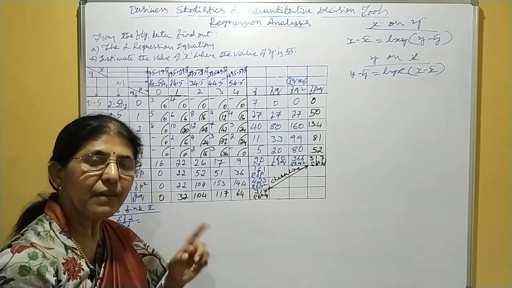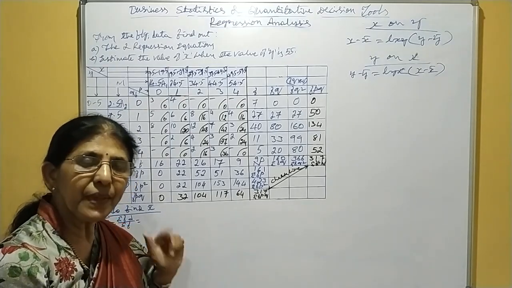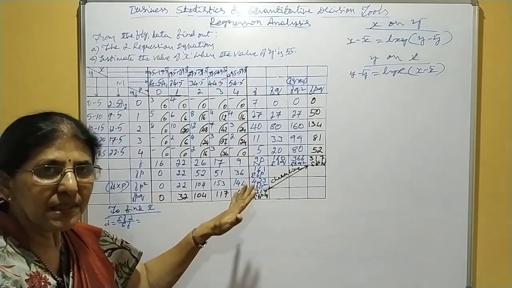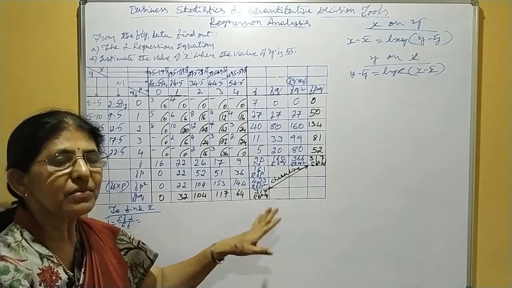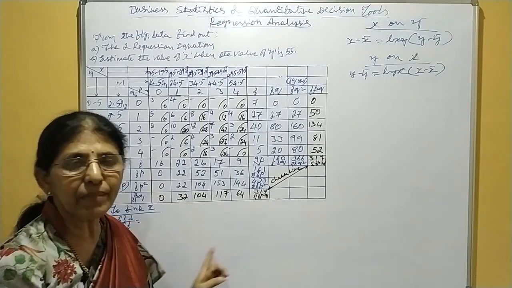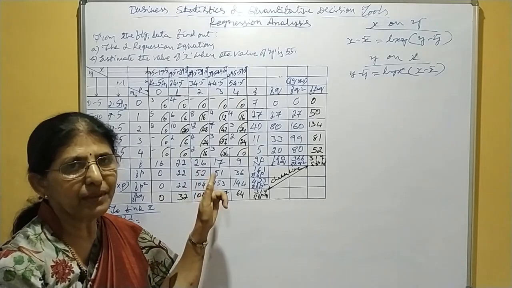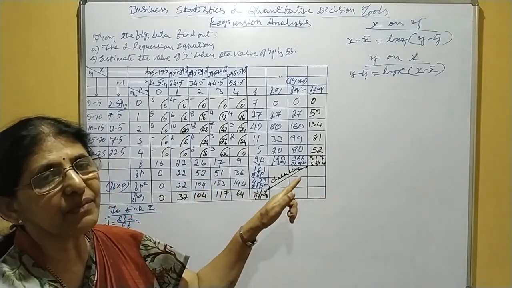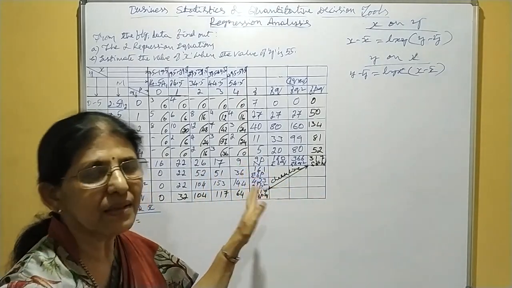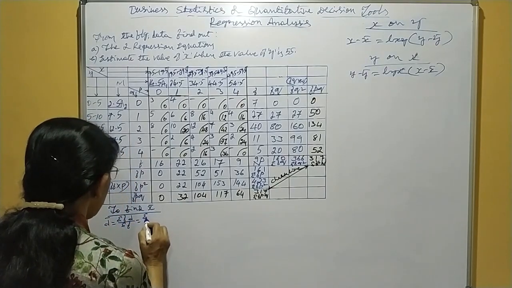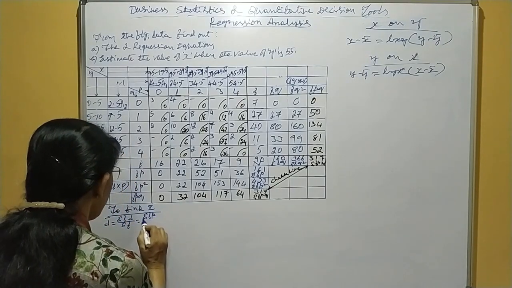We have taken p and q. Means d is the deviation of variable x. Here two variables are given, therefore we use the letters p and q in the place of d. P is nothing but the deviation of variable x, q is nothing but the deviation of variable y. That's all. So this sigma fd is nothing but sigma fp, isn't it?